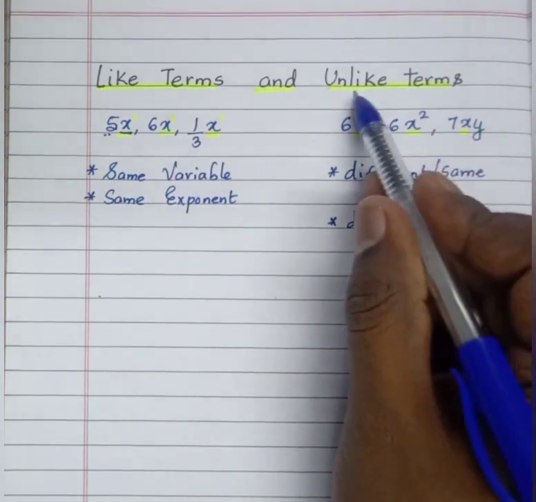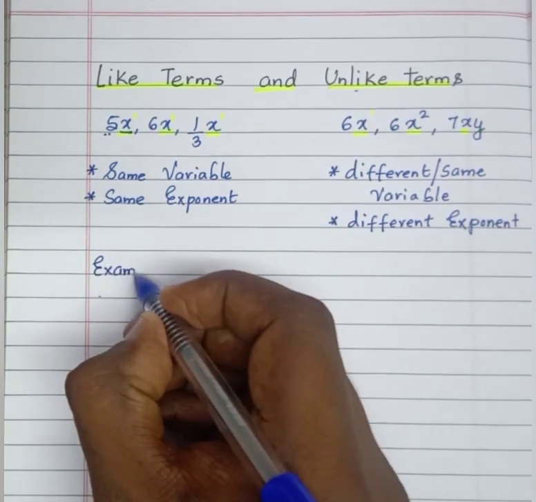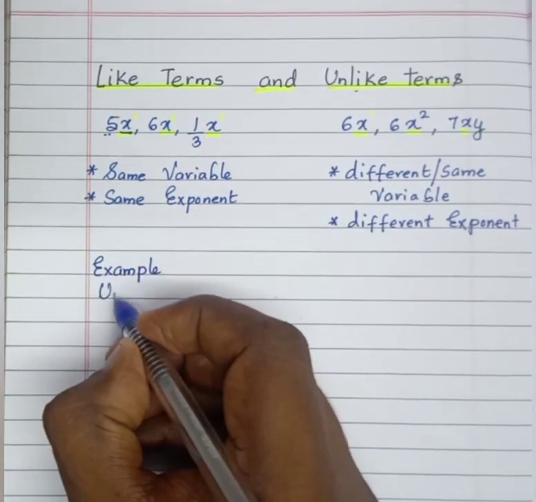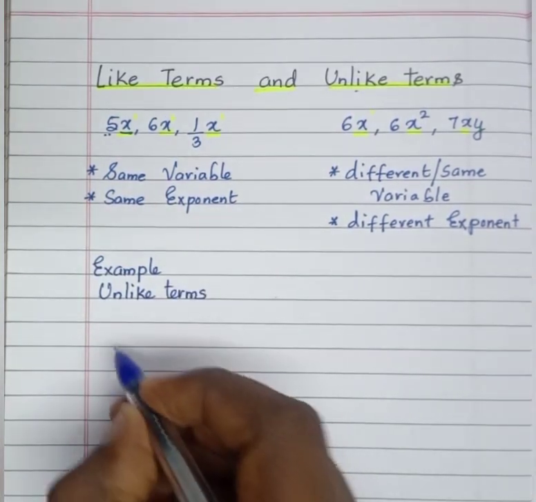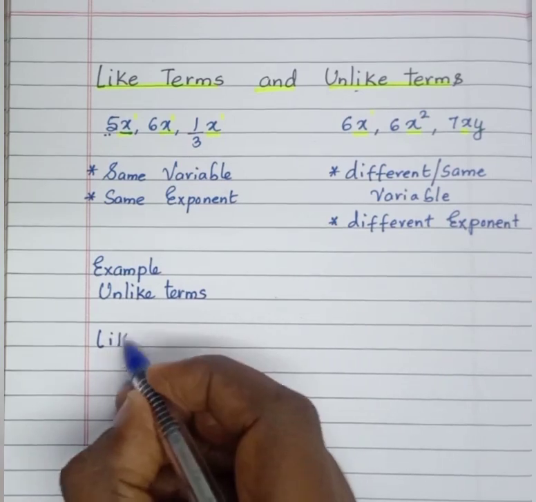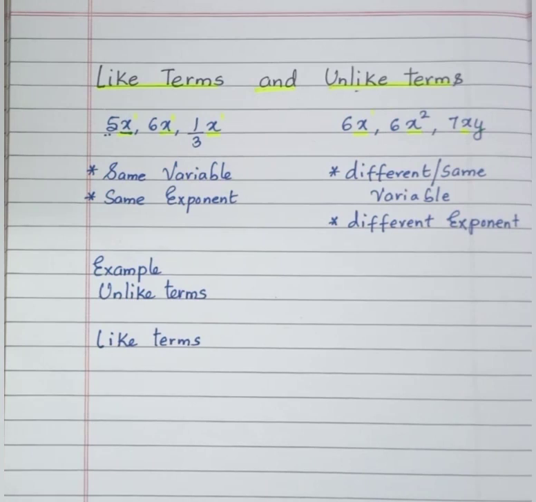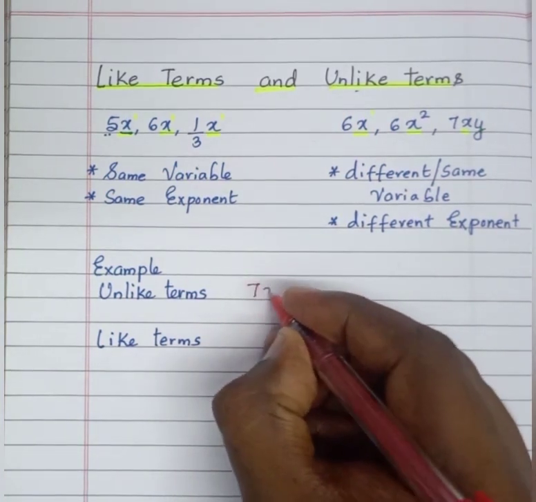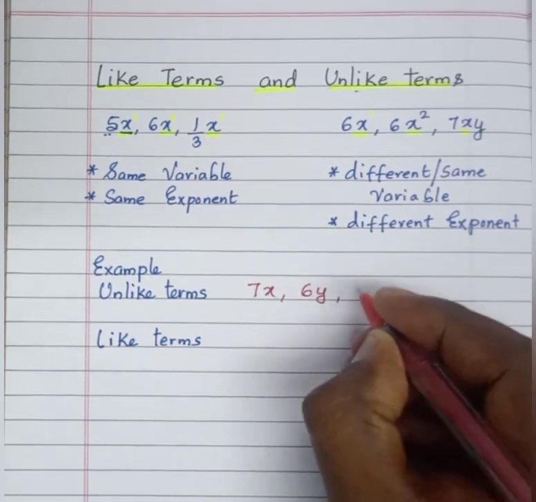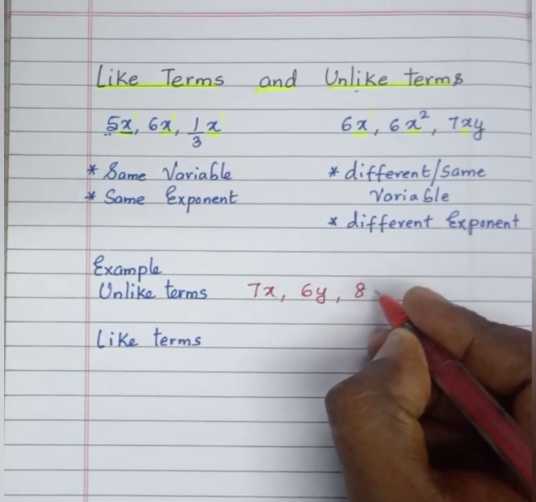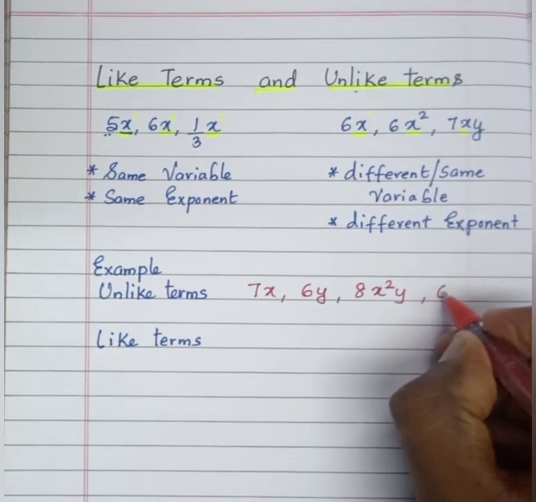Let me write a few more examples for like terms and unlike terms. Let me write an example for unlike terms: 7x, 6y, 8x square y and 16ab.